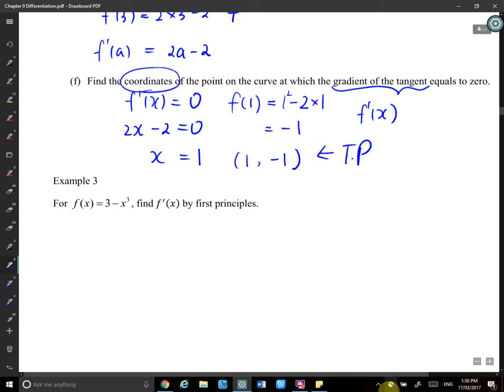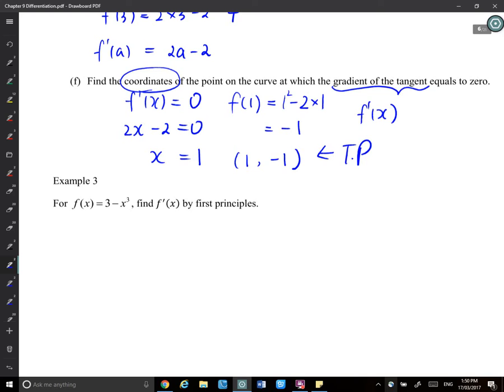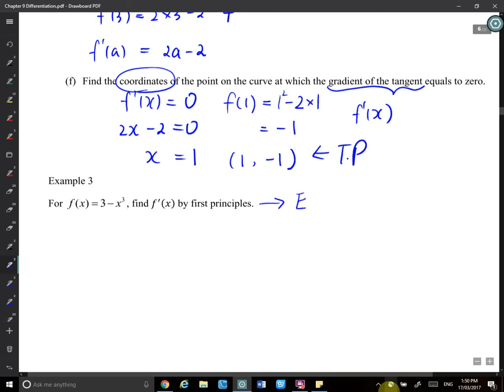So what is first principle? For the first principle, write f dash x equals the formula and put the terms in, and the next step will be expansion. You always need to do expansion. Expand and cancel between terms.